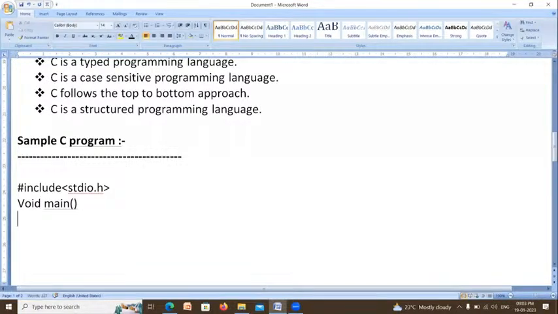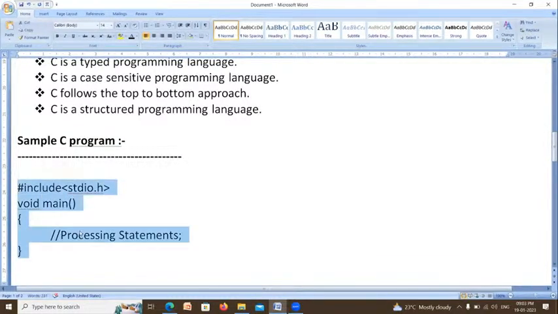After that, we need to start the curly brackets and close the curly brackets. In between these two curly brackets, you have to write the solution for the program. That solution is called processing statements. Right, it is the sample C program.